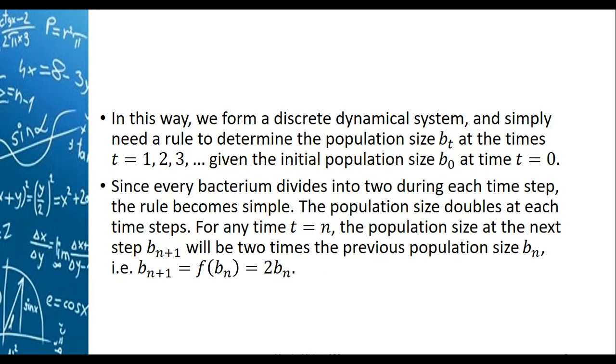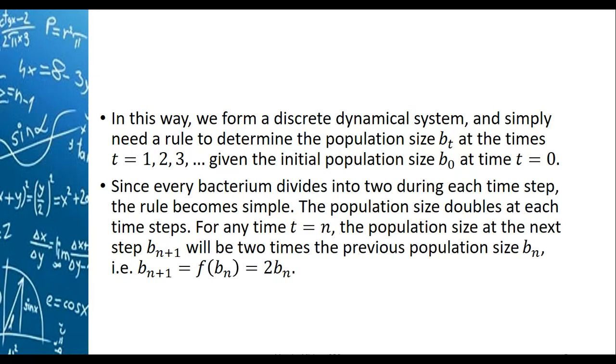So we can safely say that bn plus 1 must be equal to 2 times bn. It makes sense, right? Because the quantity of the organism doubles, it must have a similar mathematical formulation. So in this case, my function for bn is 2 bn. That's why you have this.